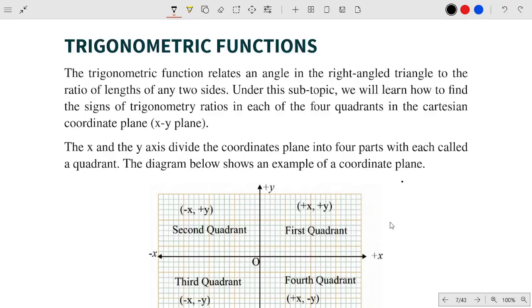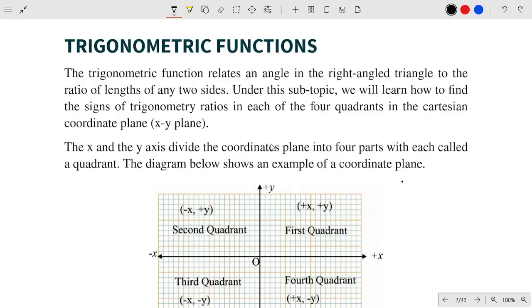Today, our lesson is going to be based on trigonometric functions. So basically, what are functions? When we talk about a function, it's a special type of what? A relation, a type of relation.